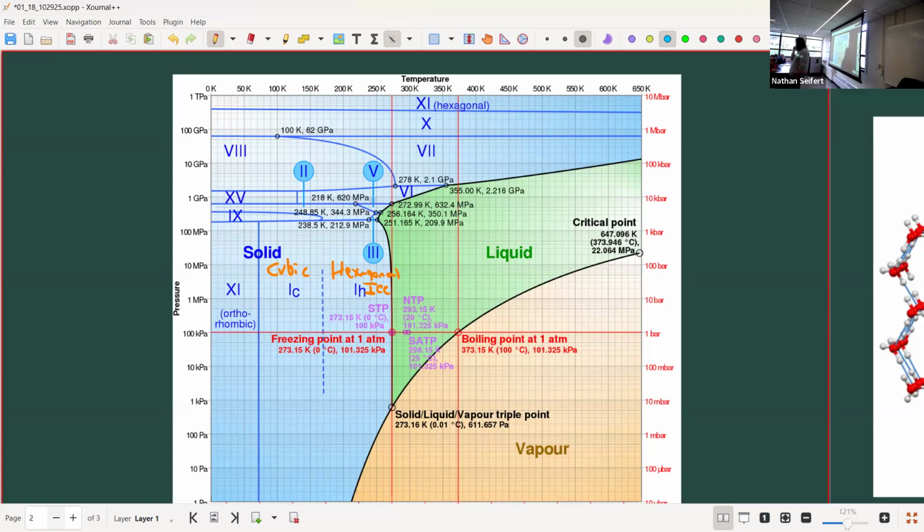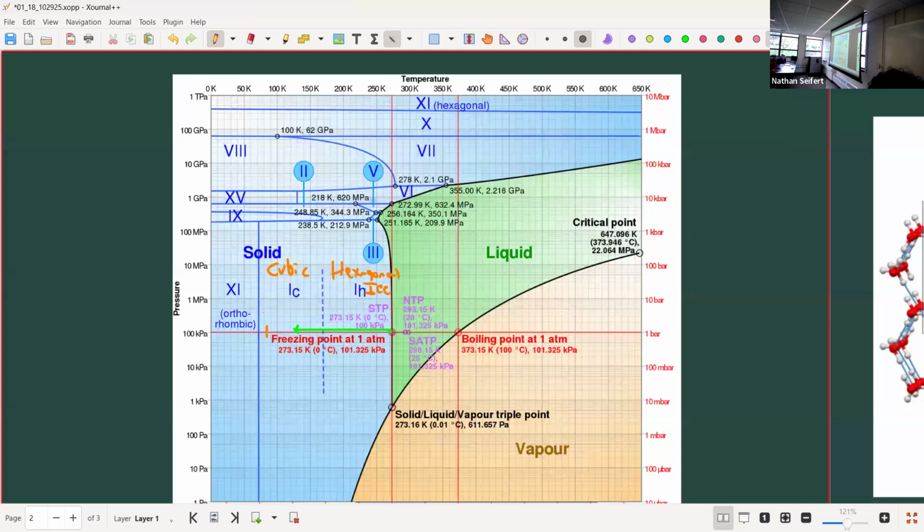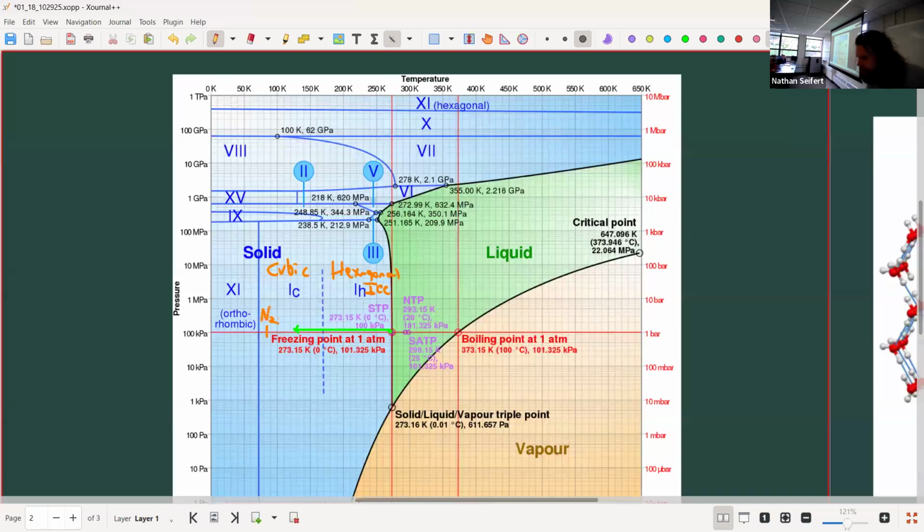I put it in liquid nitrogen. I imagine I take ice right here, and I drive it down to here. Liquid nitrogen, I'll just write it here, is about 100 Kelvin, 80 Kelvin, 70, so it's about right here. This is liquid nitrogen.